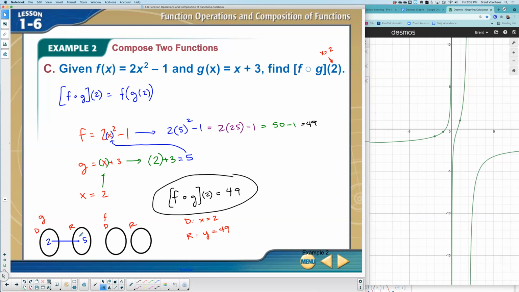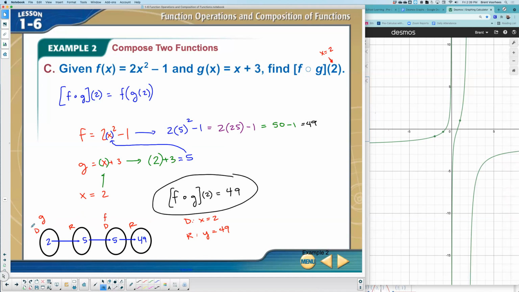Then we took that 5, which was the range of g. So g of 2 was 5. We took that 5 value and substituted it in for x, which means we substituted into the domain of f. So we plugged in 5 there. And when we plugged in 5 there, it connected us to a new range value. What was the range value for the final answer? 49.